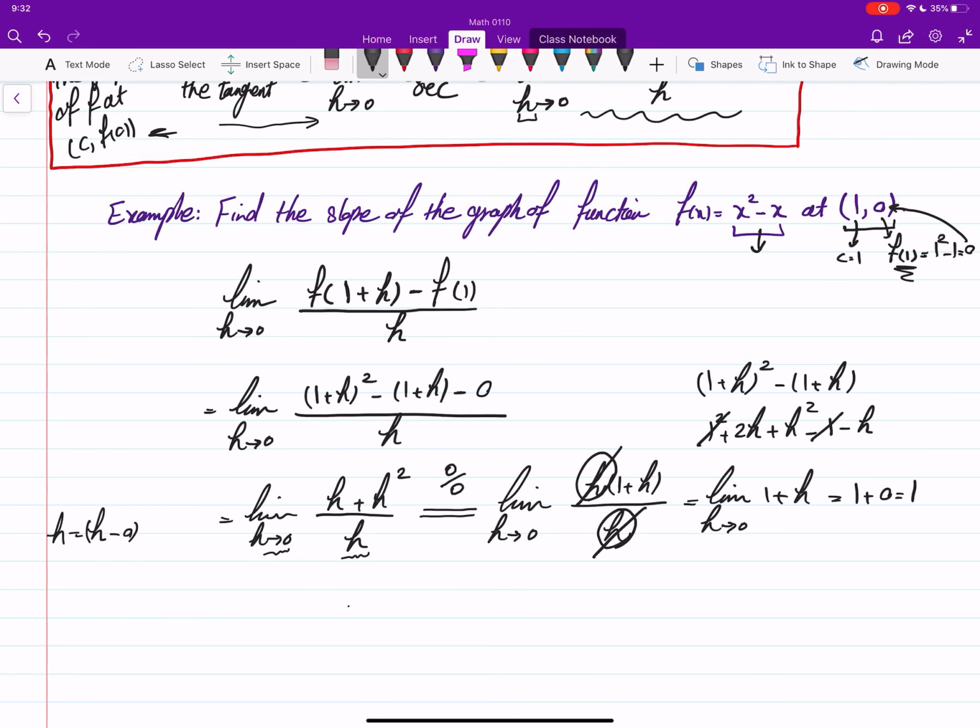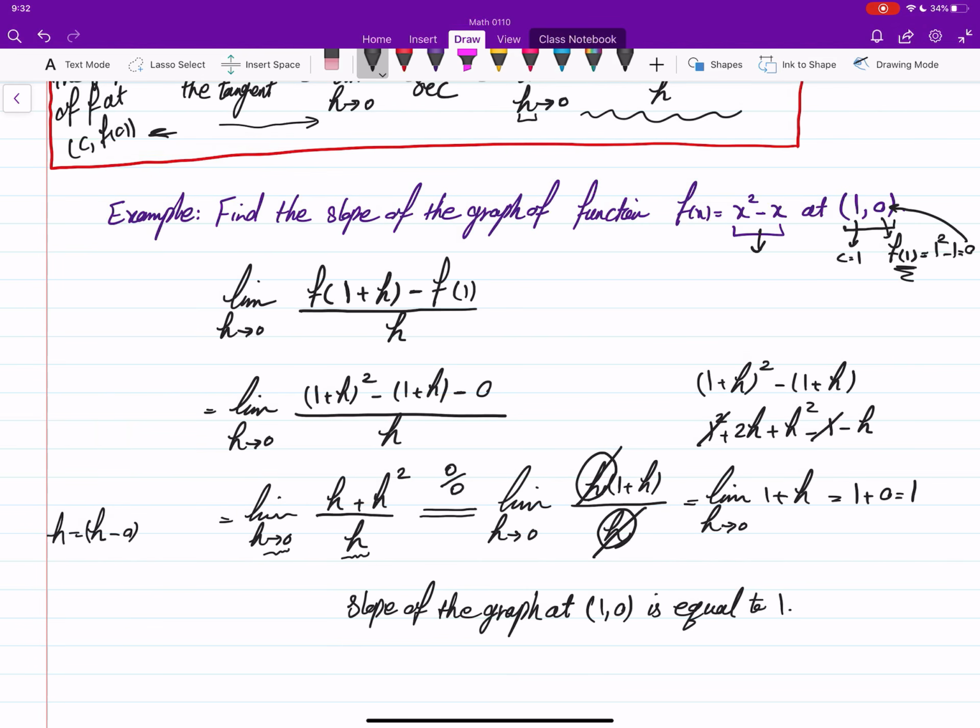And that means we showed that the slope of the graph at (1, 0) is equal to 1.